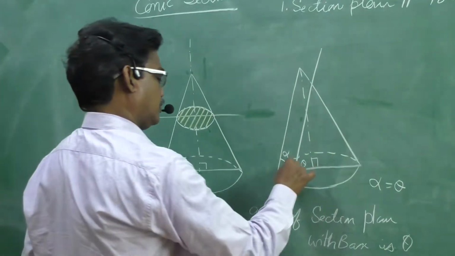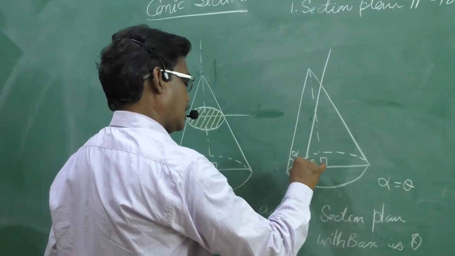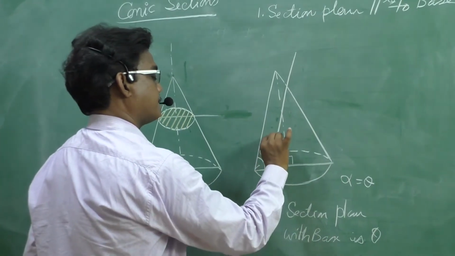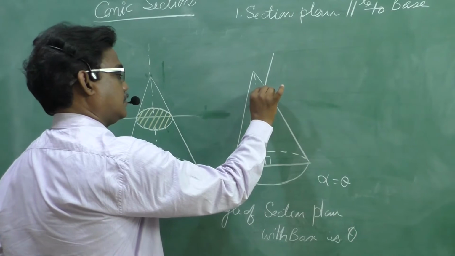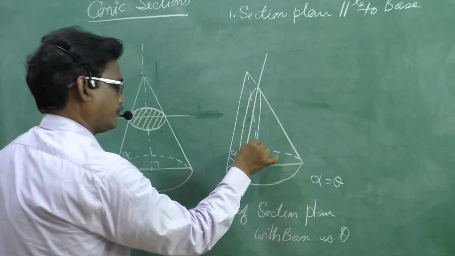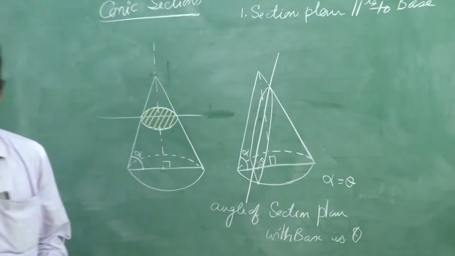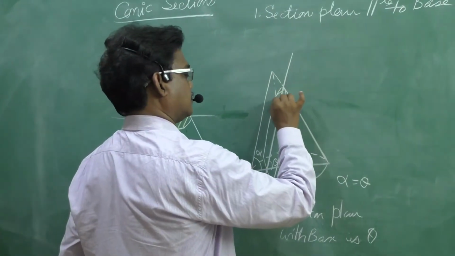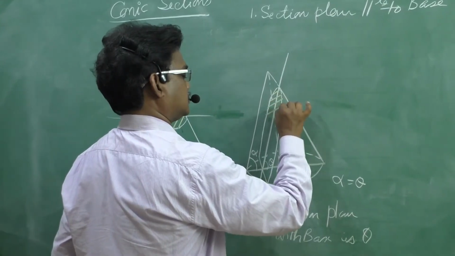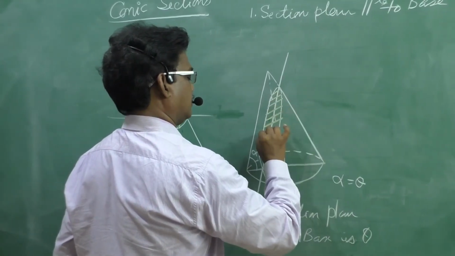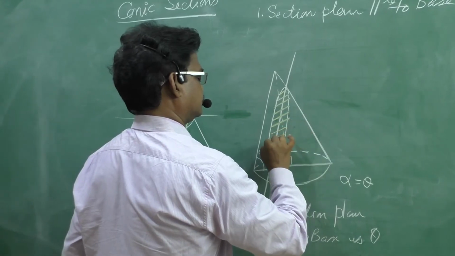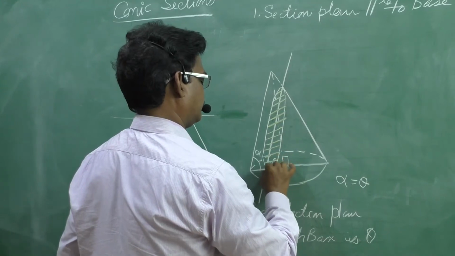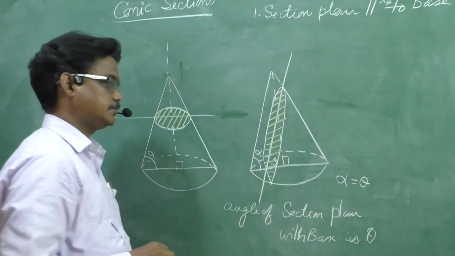Now what will be the shape obtained here? After removing this portion, we can see a shape like this. If we give hatching, we can see that shape very clearly. This shape is nothing but a parabola.